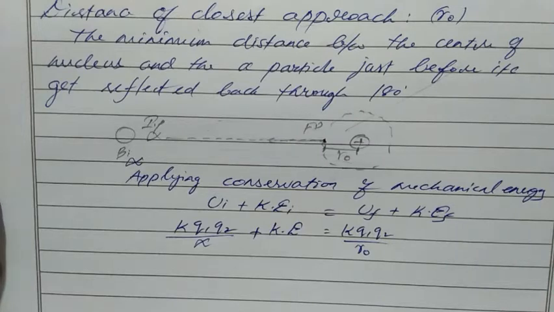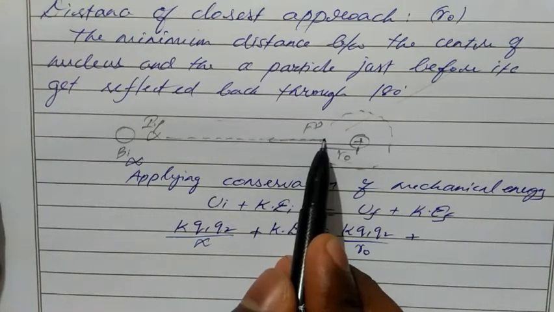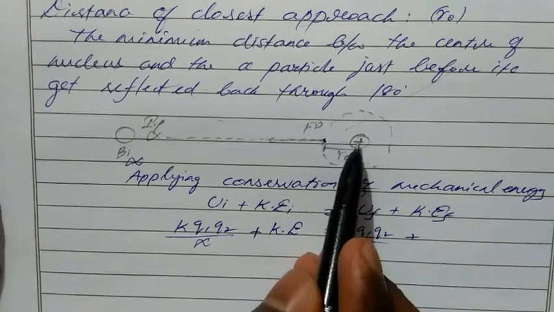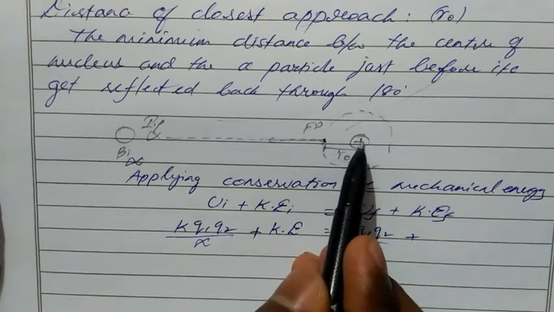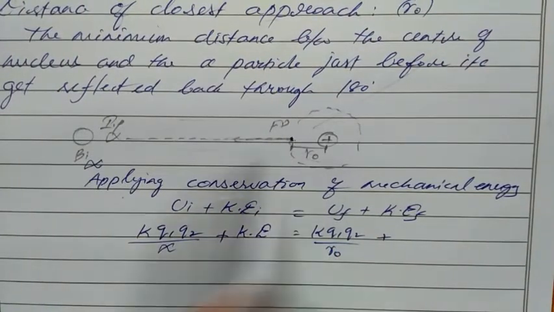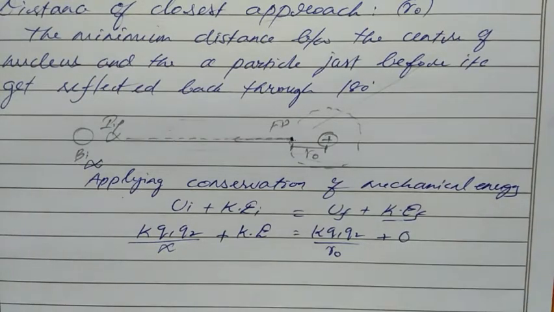Plus, what is the kinetic energy? As I said already, after reaching this point, it won't move further because positive, positive repel. So at this point the alpha particle loses all its energy. It almost stops, so there is no kinetic energy for the alpha particle at this point.